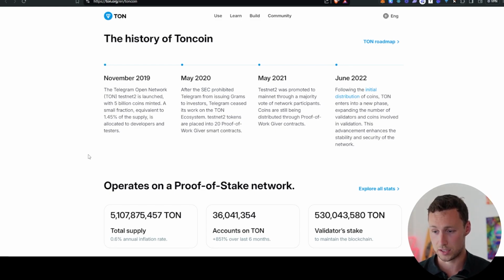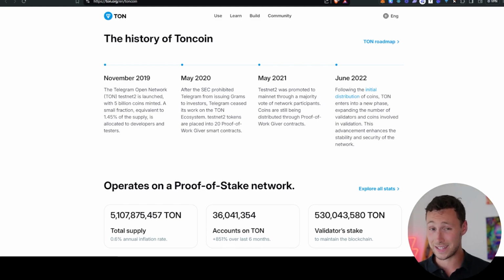And they did so with the Telegram Open Network. They did one of the largest token ICOs of all time. And unfortunately, in May 2020, the SEC came down on it and prohibited them from issuing grams. That's what the token was called at the time. Telegram basically had to give everyone their money back and divest themselves from the project.